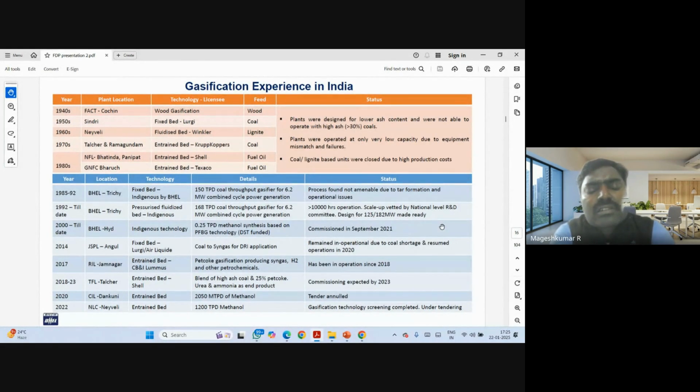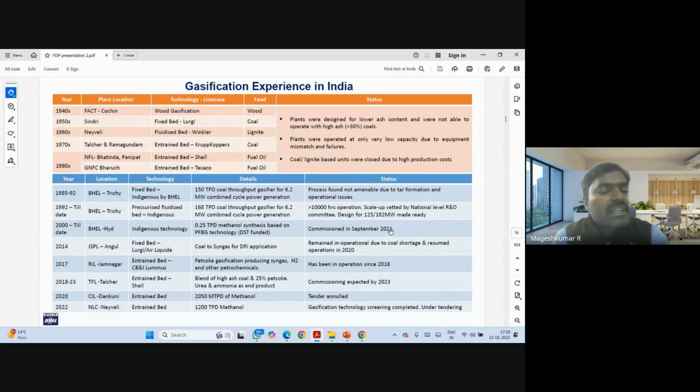So our DST funded a technology developed in our corporate R&D for a 0.25 tons per day methanol synthesis plant, which was commissioned in 2021, where we could produce 99.95% pure methanol in our pilot setup.